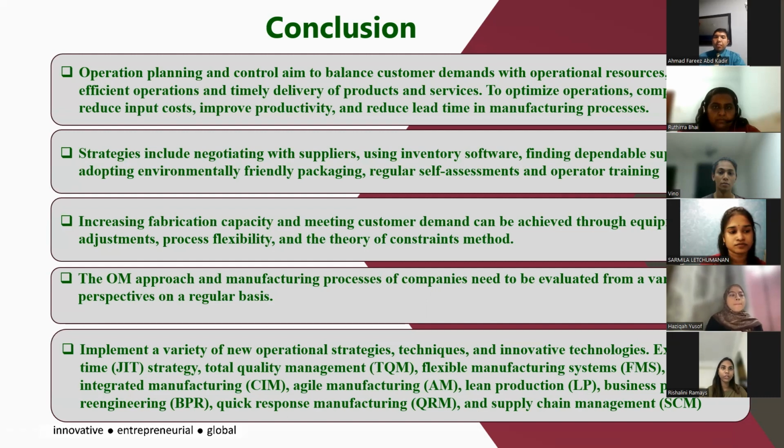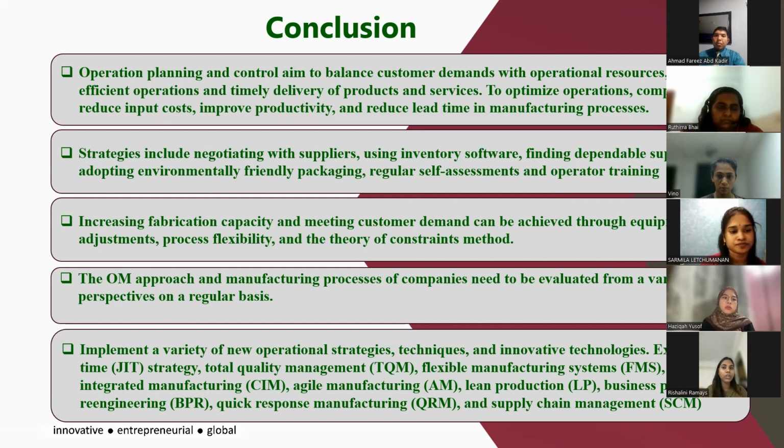So as a conclusion, the focus of operation planning and control is the balance between the customer demand and what operation resources can provide. The goal is to connect supply and demand in order to ensure that operation processes operate effectively and efficiently. Our first goal of the project is to reduce fabrication costs in order to improve productivity and profit of the company. It can be achieved by addressing monthly material costs in order to develop a strategy for reducing fabrication costs.